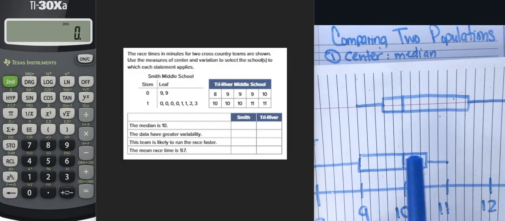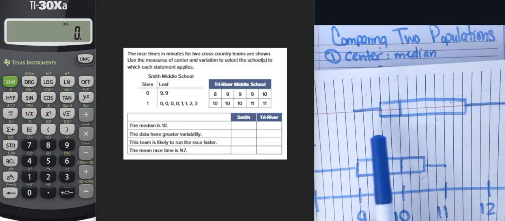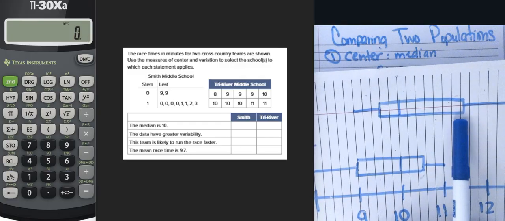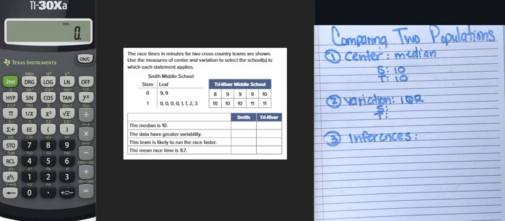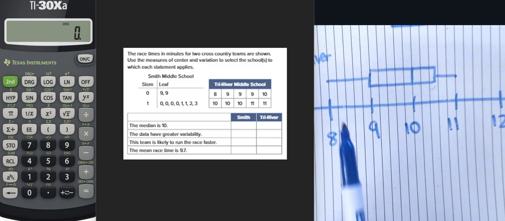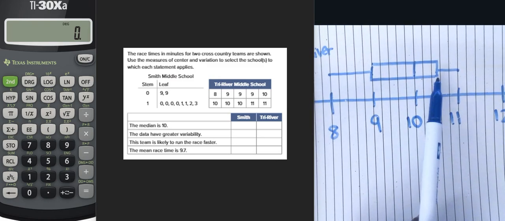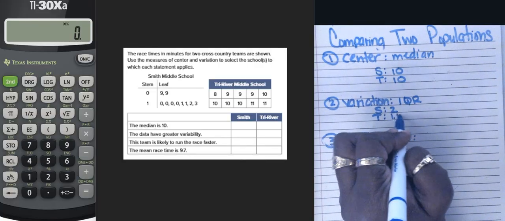For Smith, it was 9.5 for our lowest point and 11.5 for the highest point. So the difference there was 2. And then for Tri River, the interquartile range was 9 for the beginning of it, and it ended at 10.5. So that means that it was 1.5.